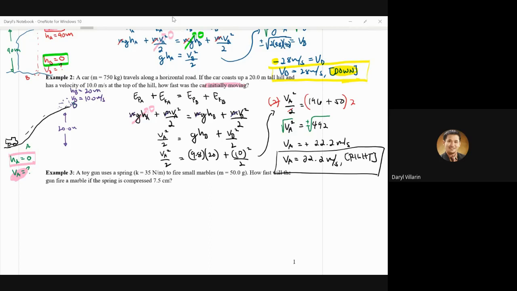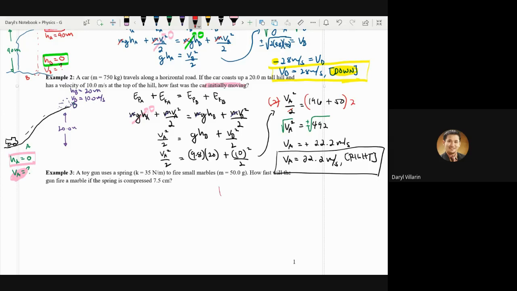So in this particular case, if this happens horizontally, that means that the movement of this particular marble is just horizontal. So that means it just moves from a toy gun.